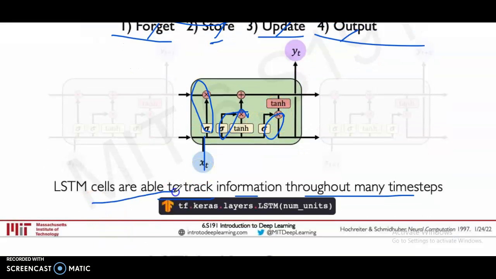LSTM cells are able to track information throughout many time steps. So in TensorFlow, what is the code for this syntax? tf for TensorFlow, keras the library, layers, that is the layer.